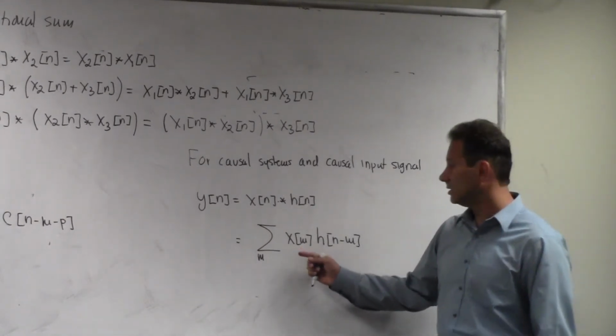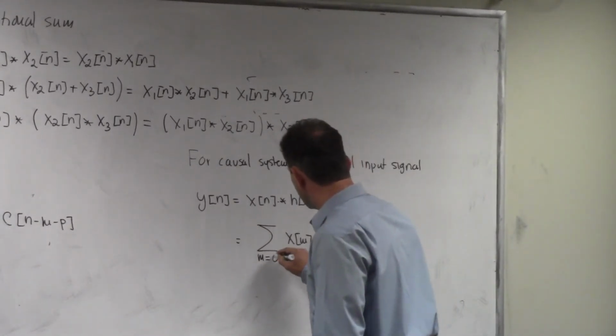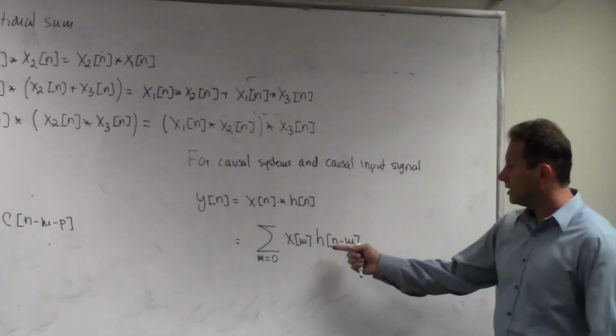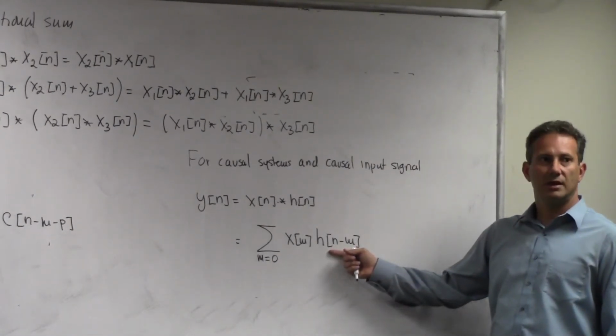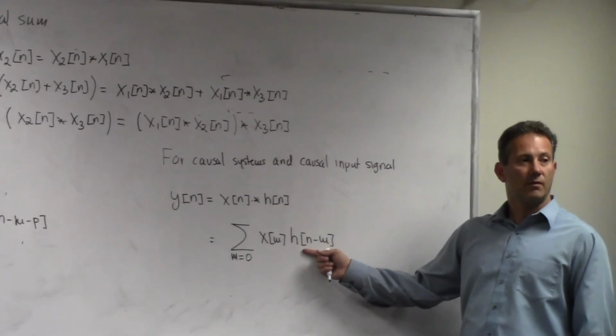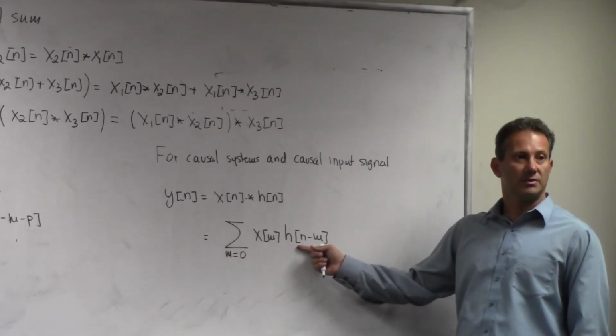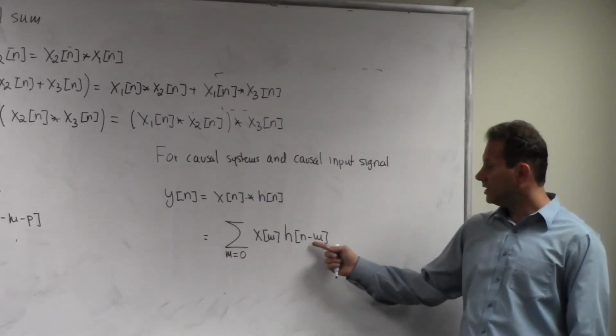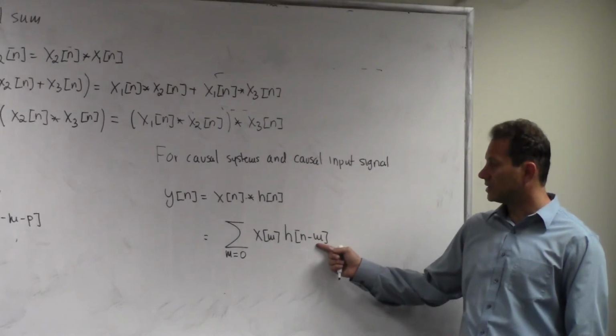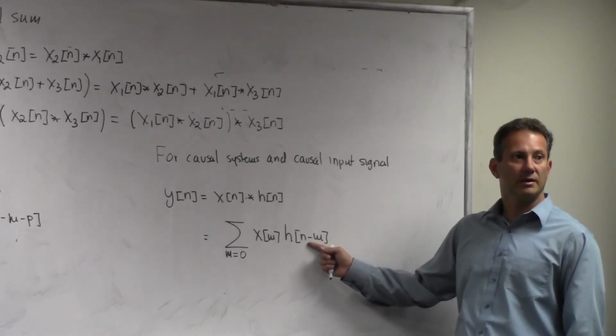The input is causal. So I'm going to be summing here from 0. Because the system is causal, its impulse response for negative samples is 0. So is there any reason why I should go in this sum beyond m equal to n?